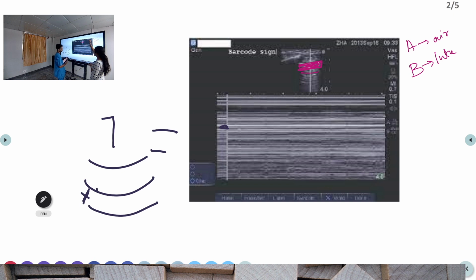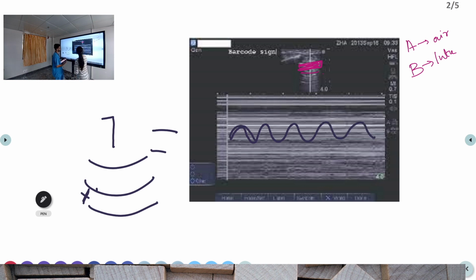Simultaneously, if we are keeping the patient in M mode, what will happen? This patient is not having pneumothorax, so the lower portion will be moving, so the shore will be there. Along with that, since there is fluid here, you will be seeing a black line, and the lung is moving below it.